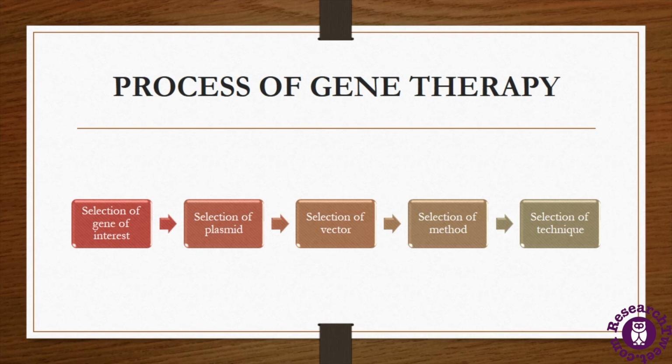After the vector is selected, it is decided what method of gene therapy is used for the insertion of the particular gene of interest into the organism. After that the technique is selected. There are several different techniques and methods of gene therapy which are used to introduce a gene of interest into a particular cellular organism.